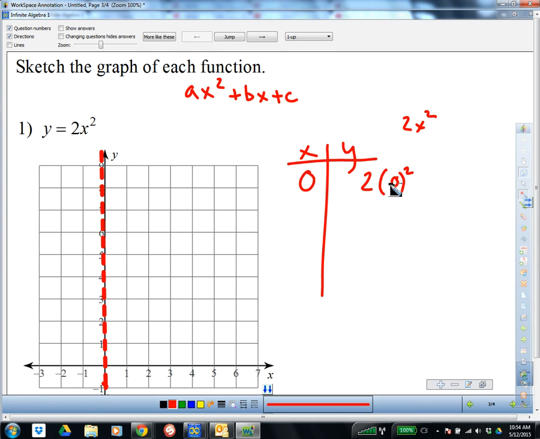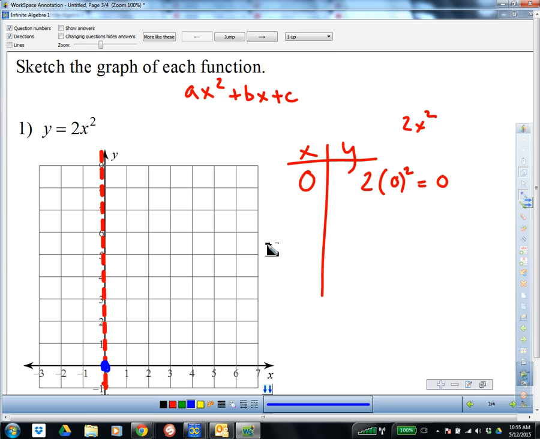And what does that equal? Well, 0 squared is 0, and multiplied by 2 is also 0. So it's going to be 0, comma 0 for my first ordered pair. So the first point I'm going to plot is right here at 0, comma 0, like that.